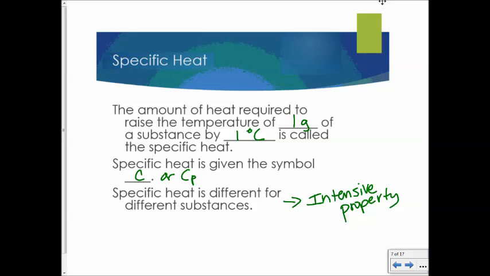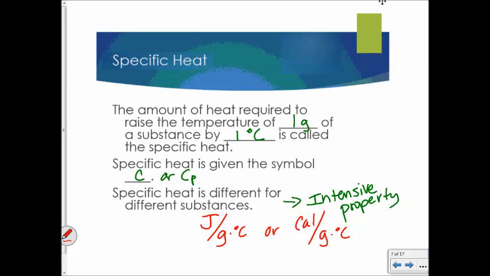Now, it has a couple possible units too. If you're using joules, it's going to be joules divided by the grams times the degree Celsius. It's a derived unit with 3 units in it. You've got a heat unit, you've got a mass unit, and you've got a temperature unit involved. Or, if you're using calories, it'll be CAL divided by grams times degrees Celsius.